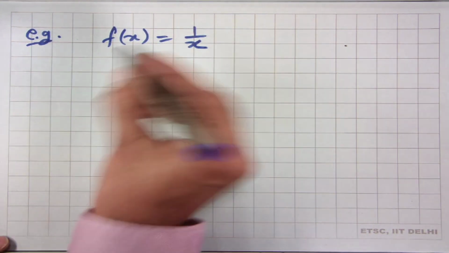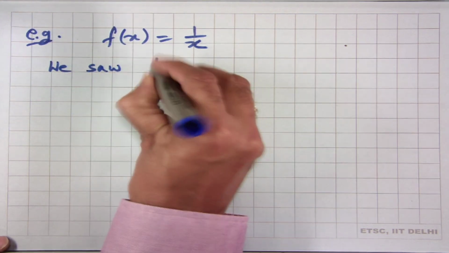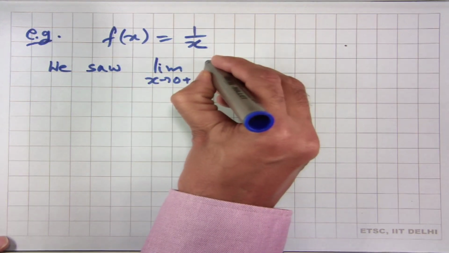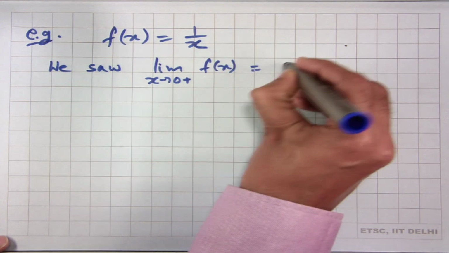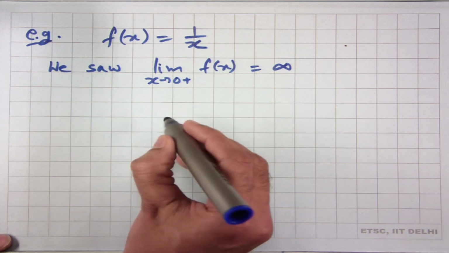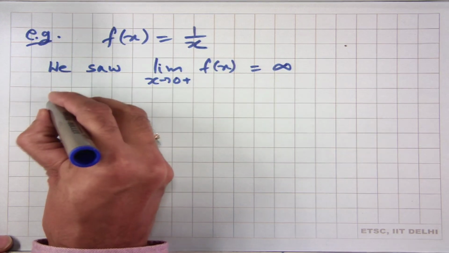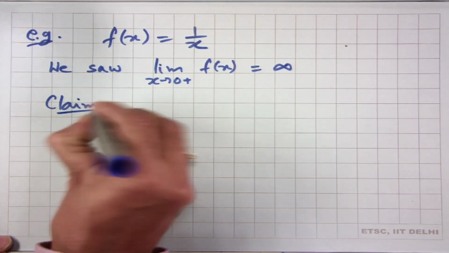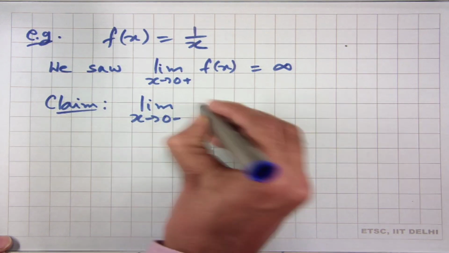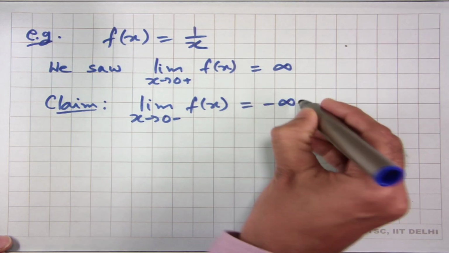So, we have seen that the right hand limit of this f of x at 0 is equal to infinity. What about the left hand limit? So, the claim is the left hand limit of f of x is equal to negative infinity.